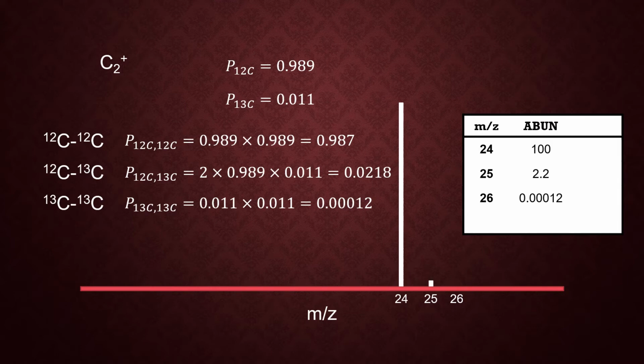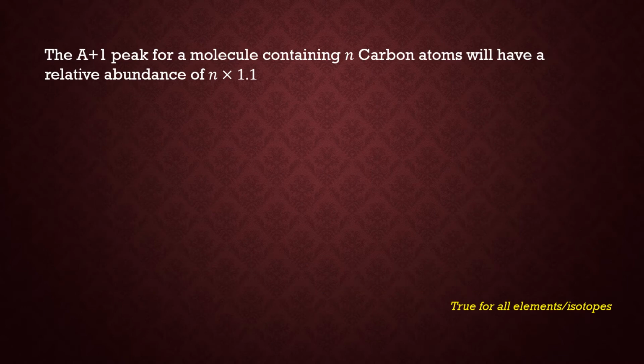It's just not going to happen. It's below the detection level of most analytical spectrometers. So this suggests to me that I might be able to do some counting, right? I've got 2 carbons, and I seem to have doubled the abundance at the A+1 position. And that's actually what we're going to do.